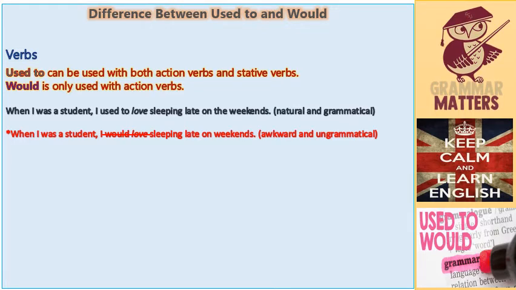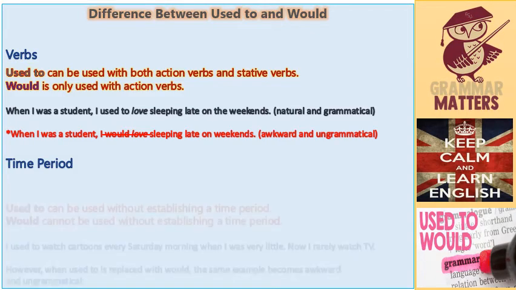It's natural and it is grammatical. Why? Because love is a stative verb. When I was a student, I would love sleeping late on weekends. It is awkward. It is not grammatical. You cannot use this. Why? Because love is a stative verb, and it is not right with the use of would.